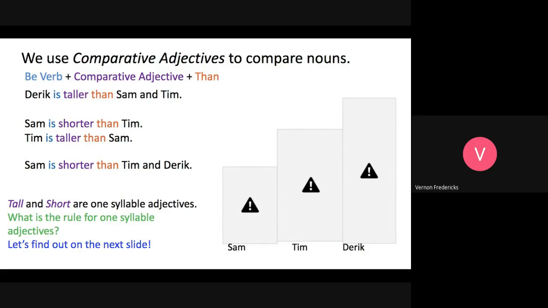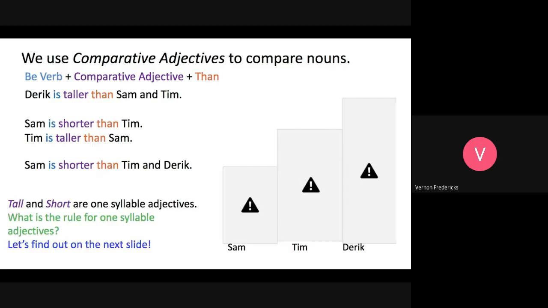Okay, so let's have a look at the first example. Derek is taller than Sam and Tim. In that example, you can see we have our noun, which is Derek, then we have our verb be, is, and the comparative adjective taller.